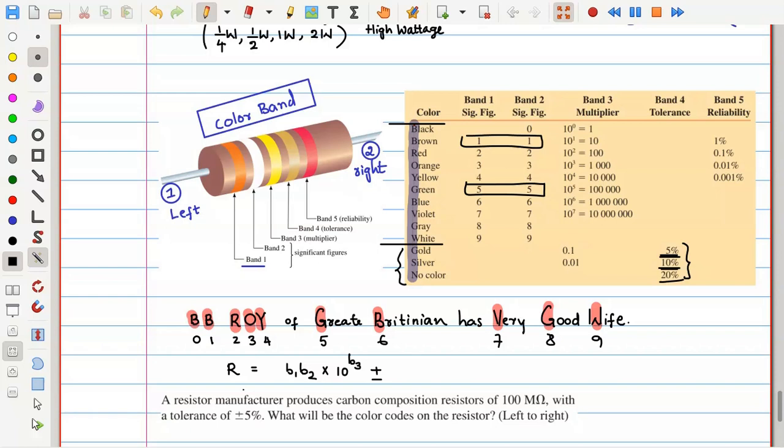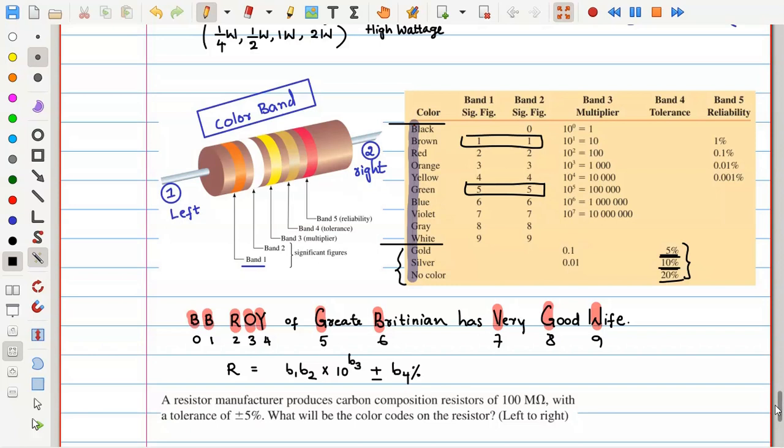It may lie anywhere in between. That is the band 4, and band 4 is usually a percentage. So this is the way of calculating the resistance for any kind of resistor.